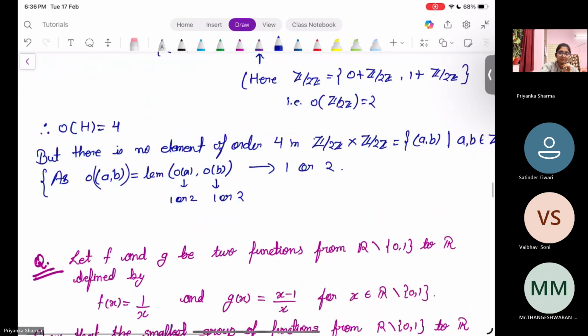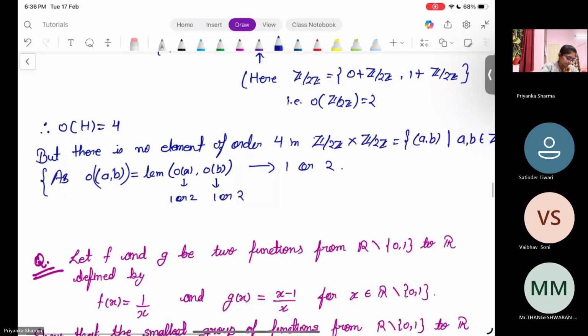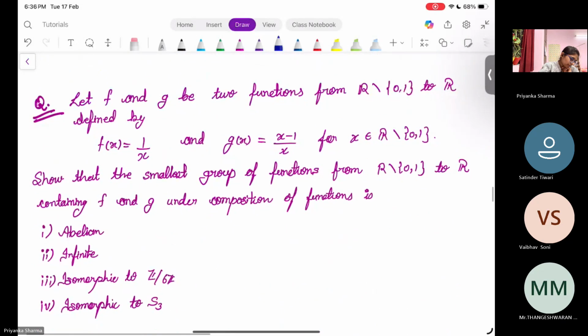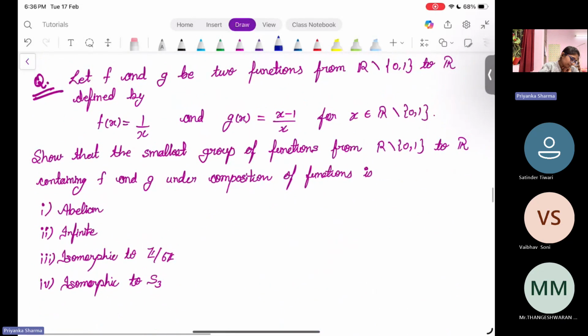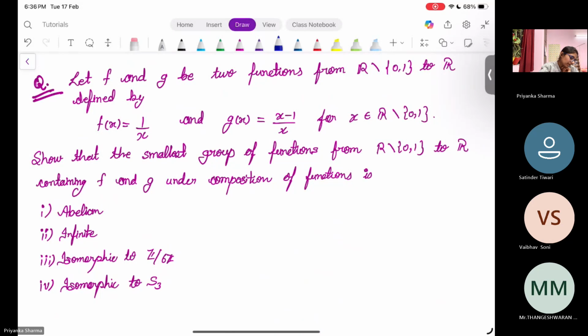Clear? Now come to the next question. Let f and g be two functions from R minus the set {0, 1} to R defined by f of x is 1 by x and g of x is (x minus 1) by x, for x belongs to R minus {0, 1}.